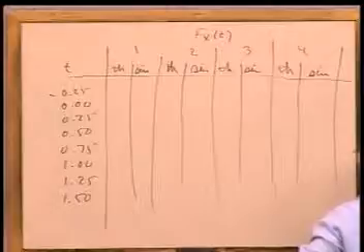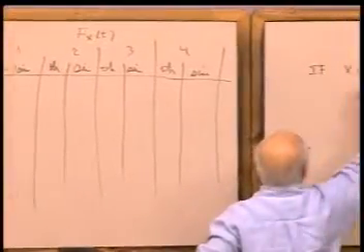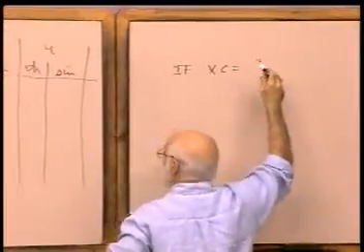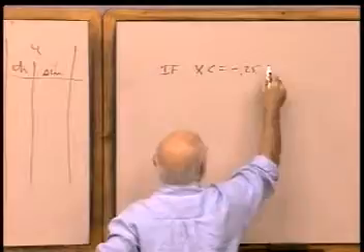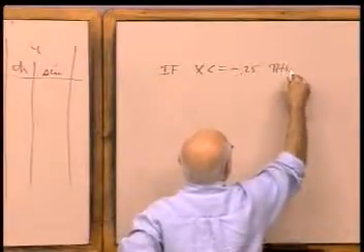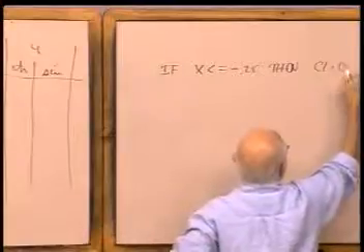If the value of x that I just computed is less than or equal to minus 0.25, then let's say C1 is equal to C1 plus 1.